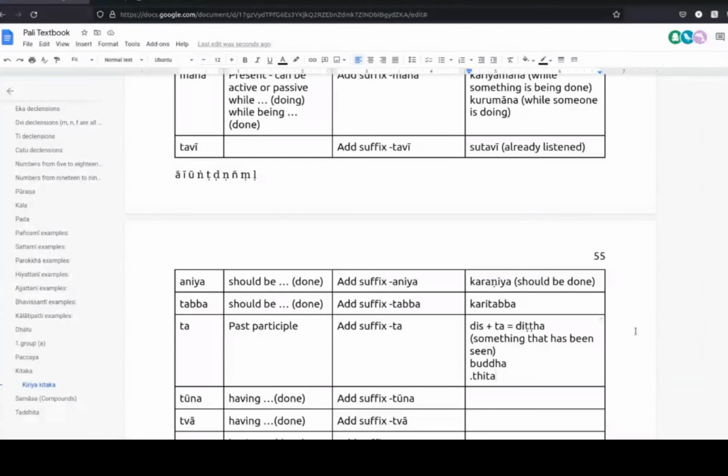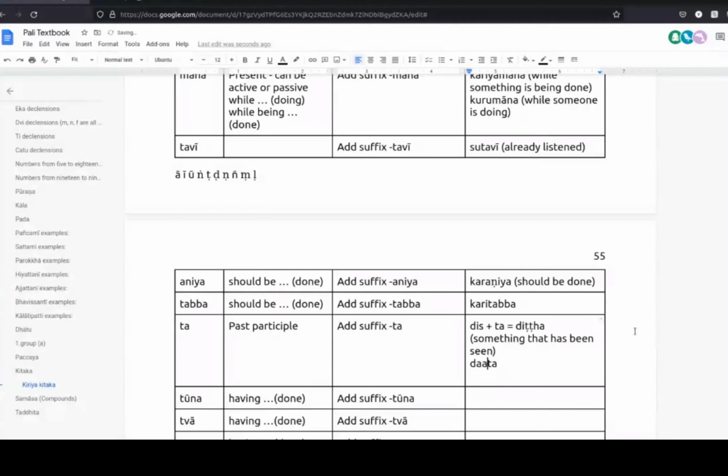But tita is how you describe a person who is standing. Someone who knows, ñata. Someone who gives is a datta. No, not really. Something that is given is datta. Sorry, mostly passive. So something that is given is datta. Da plus ta.